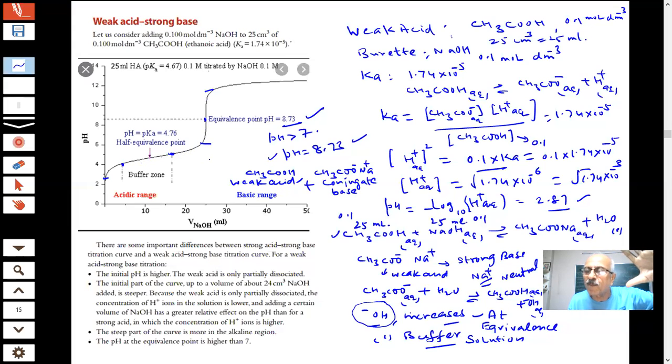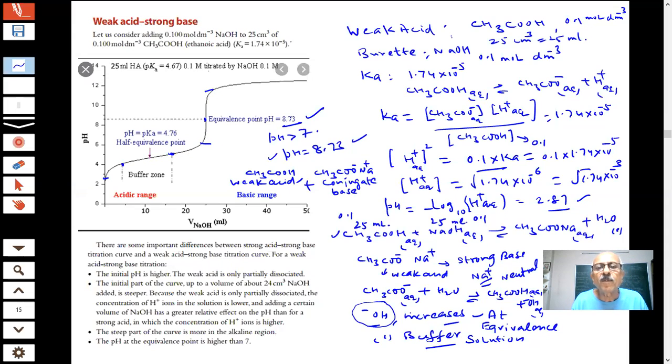For strong acid and strong base, the pH was 7, but here the equivalence point is coming at 8.73. Can you understand it? Do you understand what I said? Yes, sir. So the equivalence point pH has shifted to 8.73, more than 7, if the base is strong and the acid is weak.